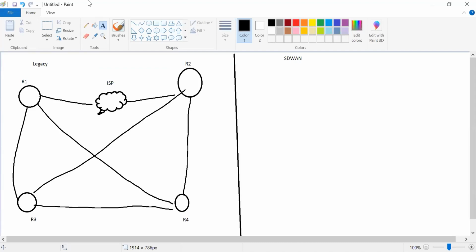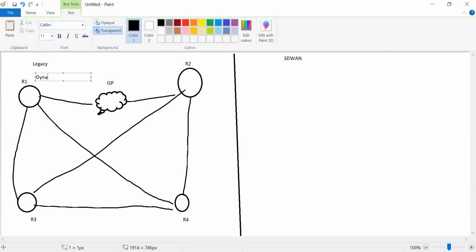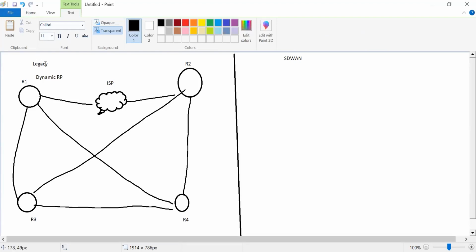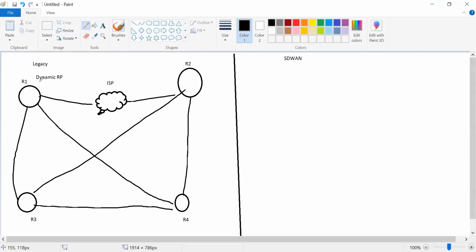But in case we have a large number of routes to handle, then we need some sort of dynamic routing protocol, right? So when you run this dynamic routing protocol, it must be the same between R1, R4, R3, and R2, right? There can be different ones, but for the sake of uniformity or easy handling, we expect that the routing protocol should be the same.